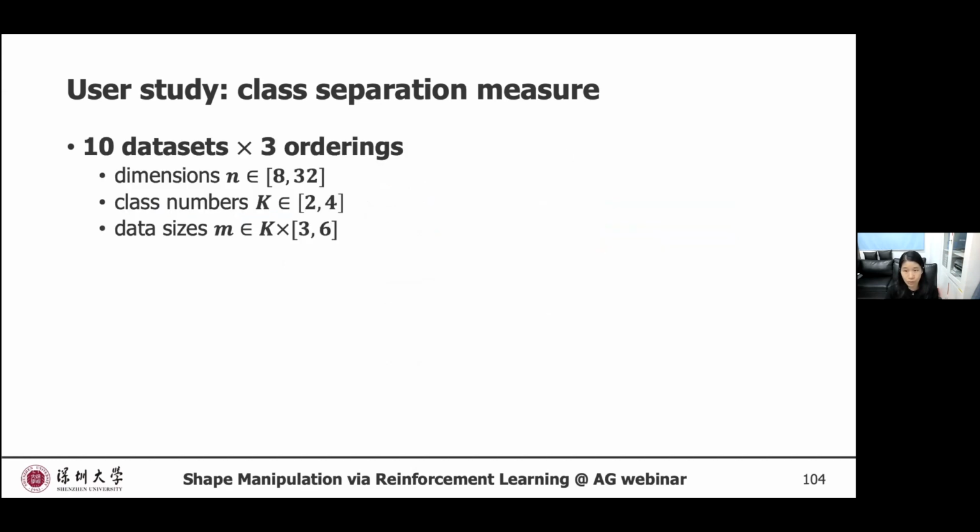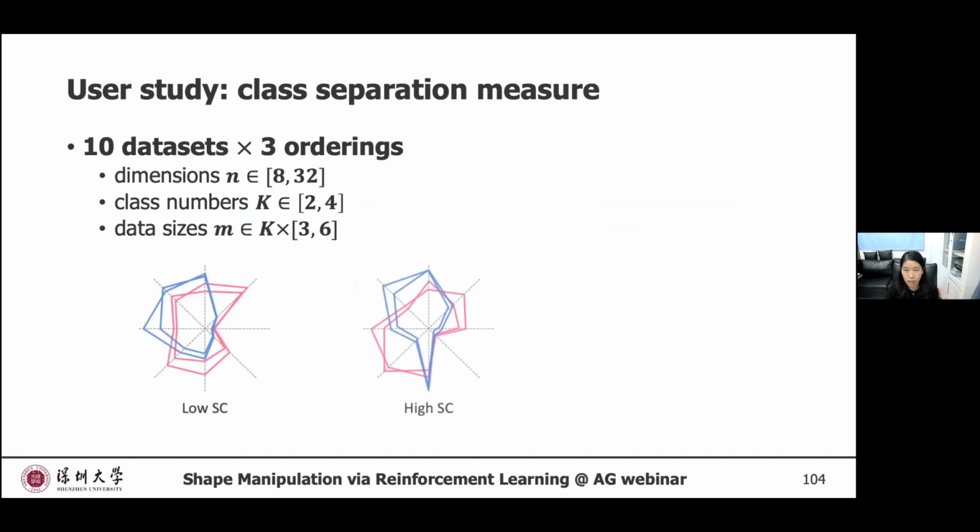For the study, we randomly synthesized 10 datasets with various dimensions, class numbers, and sizes. For each set, we find coordinate orderings with low silhouette coefficient and high silhouette coefficient.